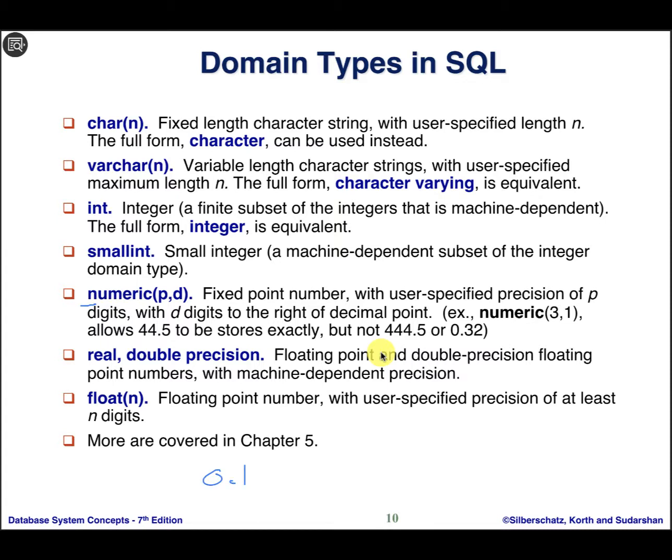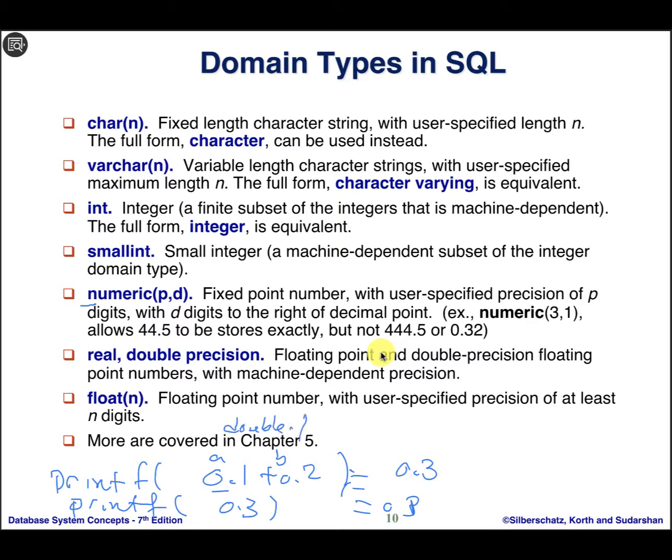You say 0.1 plus 0.2, print f, give me the value. The result is going to be 0.3, right? Assume that you print f 0.3. The result is going to be 0.3, right? Because the data is going to be stored accurately. Assume the data here, for example A and B, and the value of both of them is going to be double.